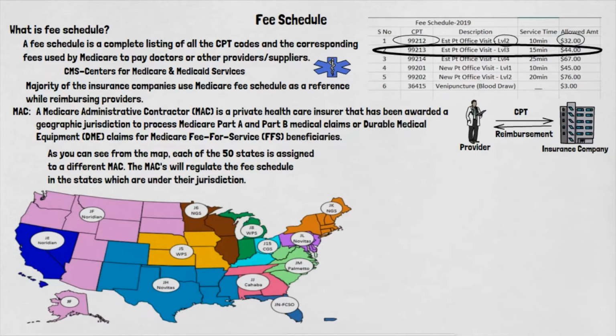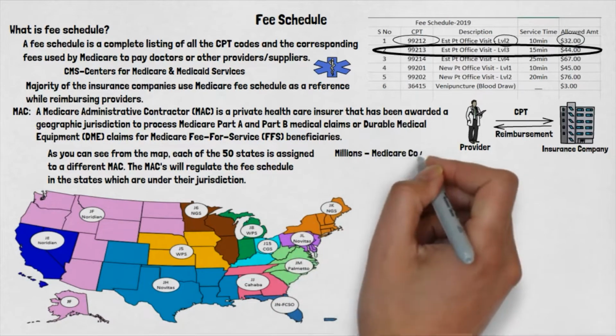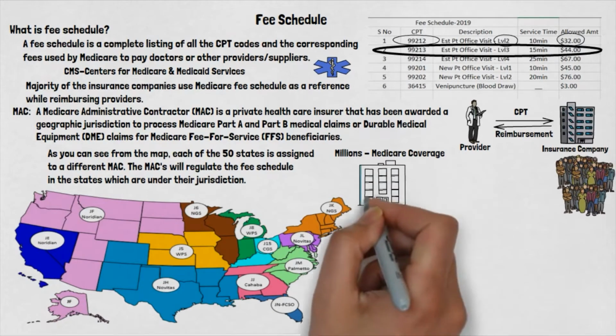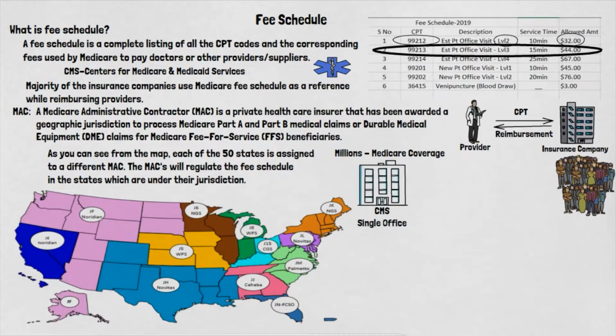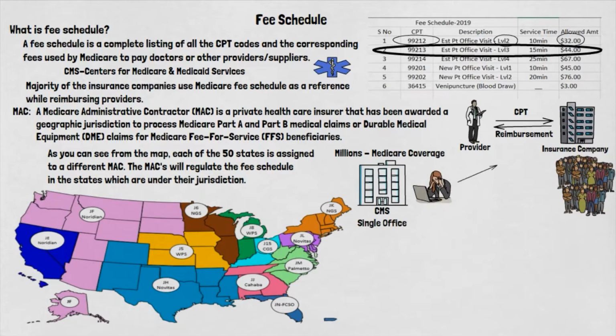Now, there are millions of people in the US who have Medicare coverage, and it will be very difficult for one single office with a limited number of employees to process millions of claims across the country.